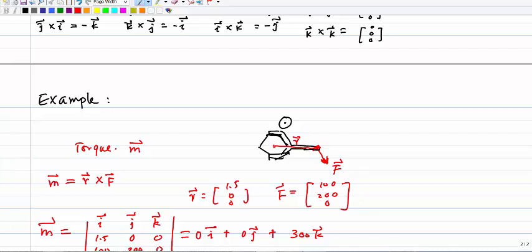From the center of the bolt to the point where I apply the force, there's a vector called the R vector, and my force of course has a vector depending on direction and magnitude. You can make it smaller or larger, or change the direction.